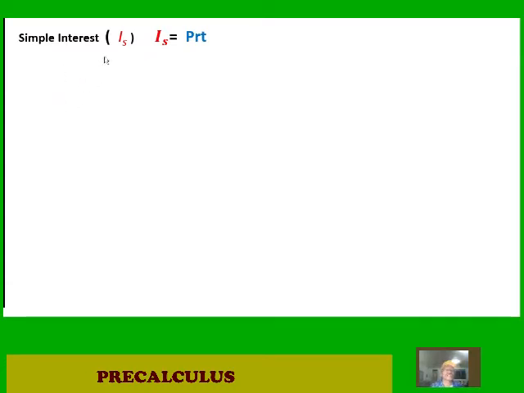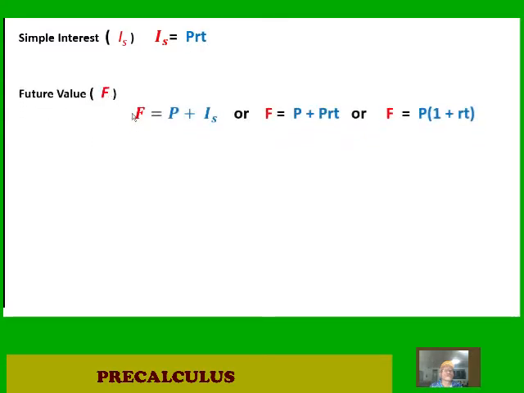Simple interest I sub S is equal to principal times rate times time in years. Future value F is equal to principal plus simple interest, or substituting I sub S by PRT and factoring out P, F equals P(1 + RT). So this is our formula.